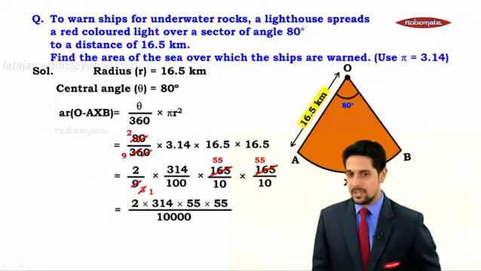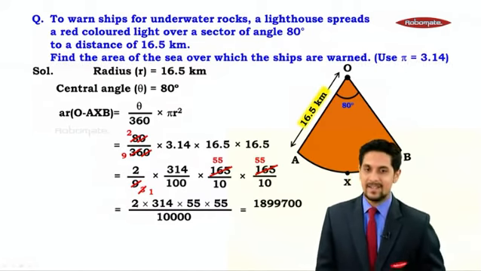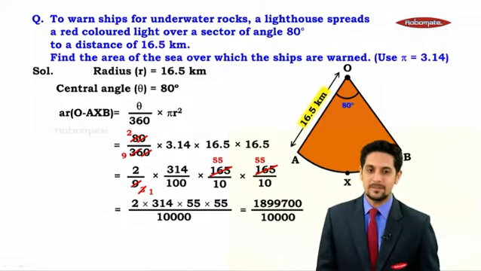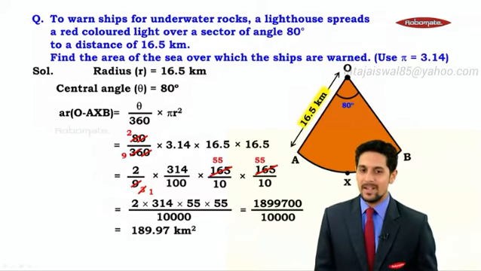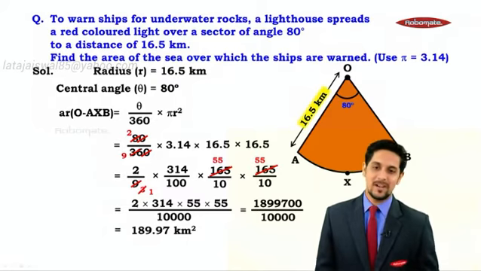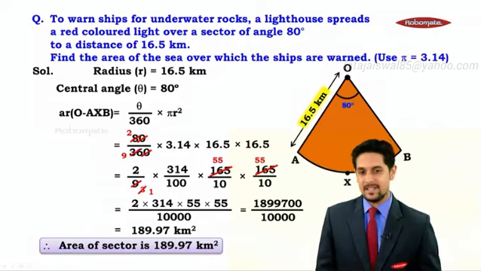The product of the terms in the numerator gives us the value as 18,99,700 upon 10,000. Further simplification gives the answer as 189.97 kilometers square.